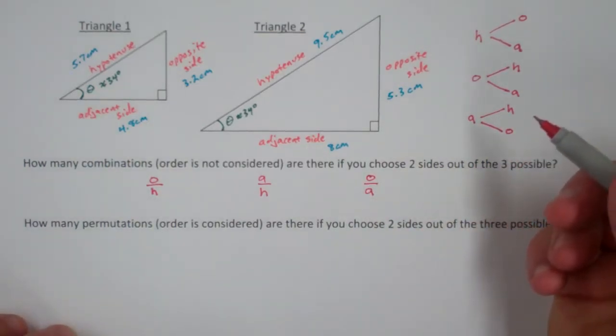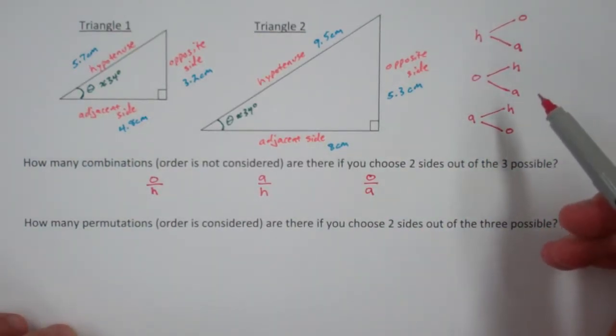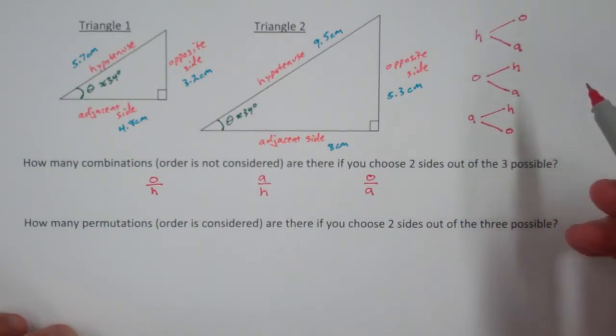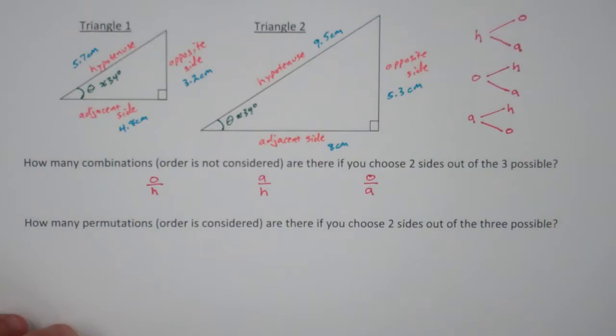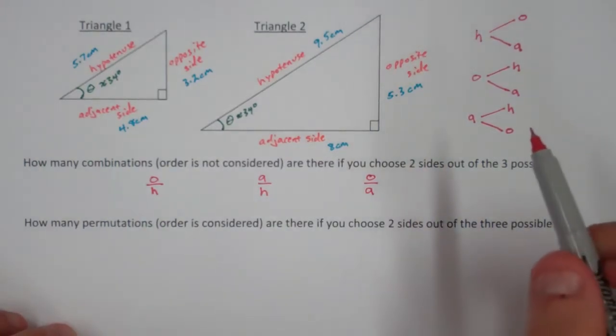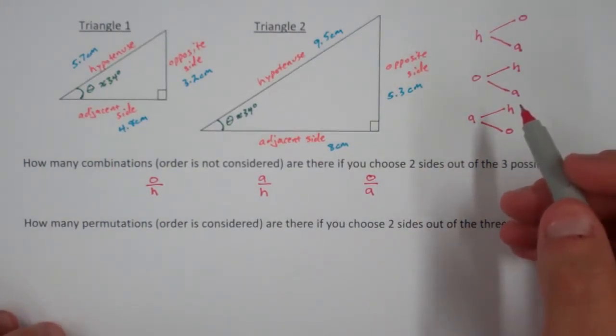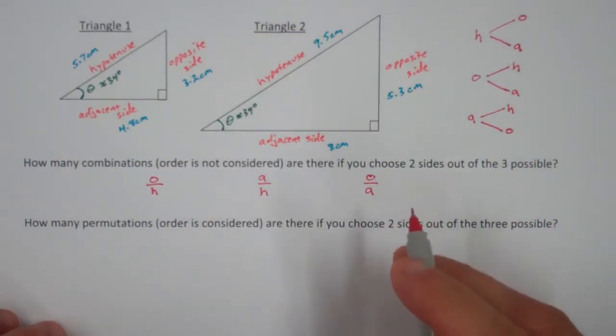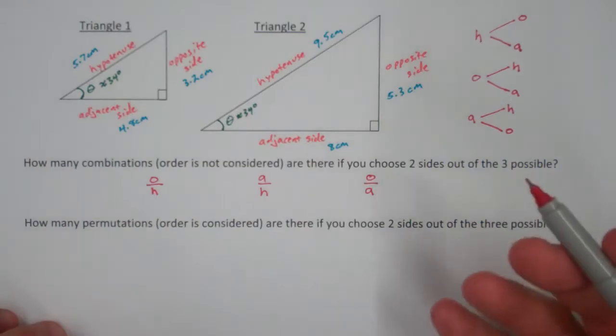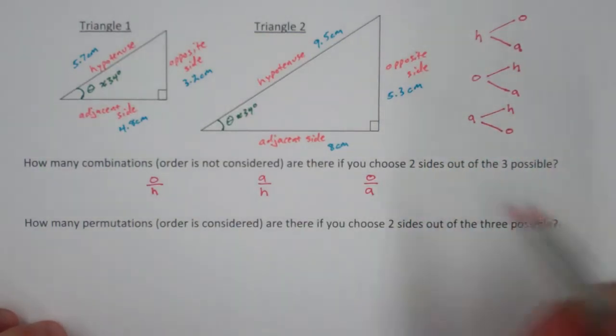Turns out that there's only 3 combinations of these that are possible where order is not considered, and that's why you see 3 of them on your calculator, and that old SOHCAHTOA that your Algebra 2 teacher hopefully beat into you, that those exist as 3 because those are the only possibilities.